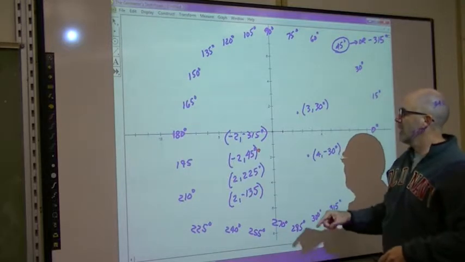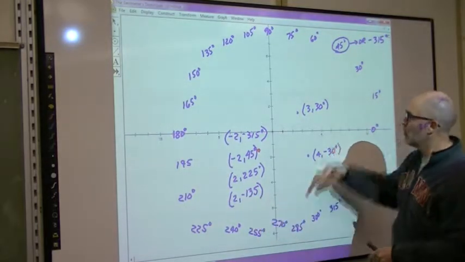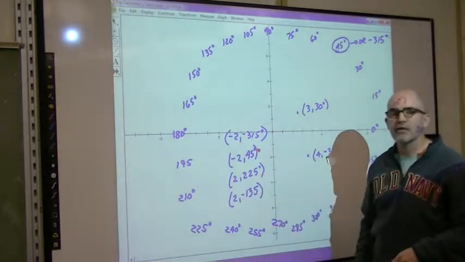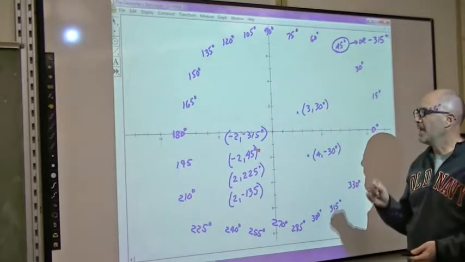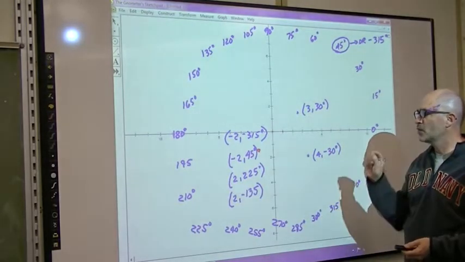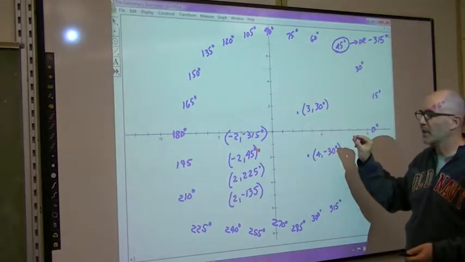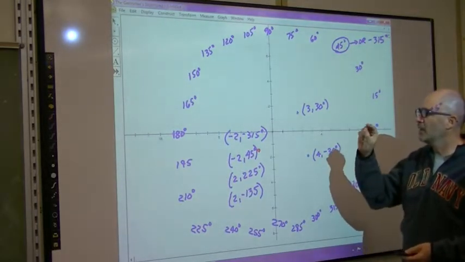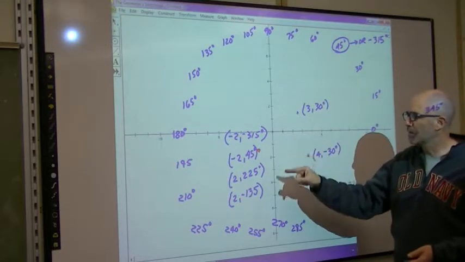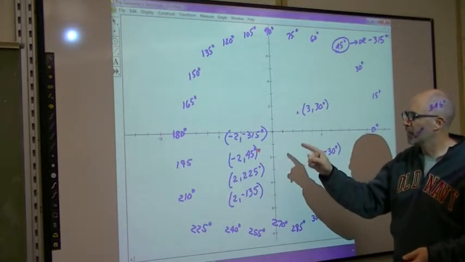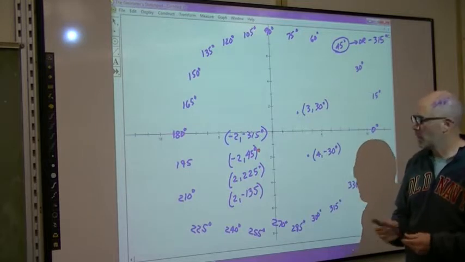Or it's (positive 2, negative 135 degrees). So we can name any point between negative 360 and positive 360 degrees in either positive-positive, positive-negative, negative-positive, negative-negative. Okay, so let's try another one.